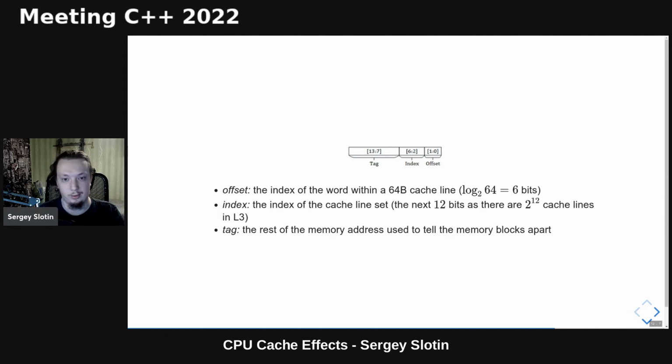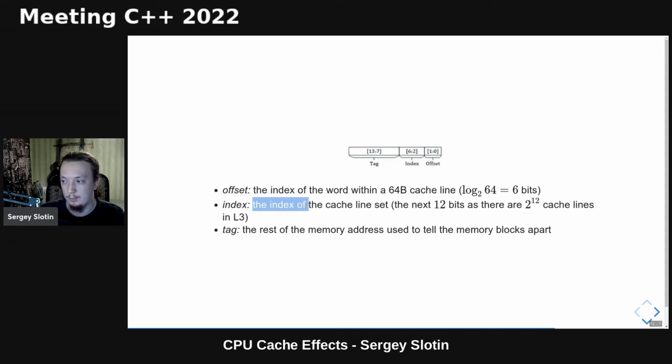Instead, the hardware uses the lazy approach. It takes the memory address that needs to be accessed and splits it into 3 parts, from lower bits to higher. The offset: the index of the word within a 64-byte cache line. There are 64 bytes, so you need log 64, or 6 bits, for that.